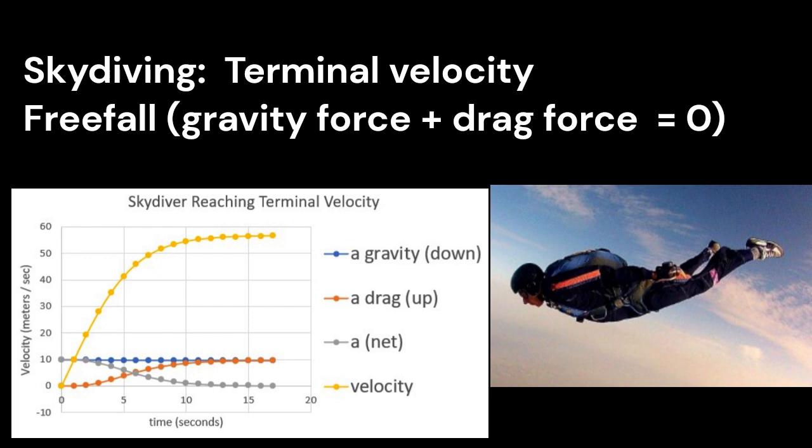So the velocity, as you see in the graph, the yellow line starts out steadily increasing. But as the velocity gets higher, the drag force starts to become larger, and eventually the drag force equals the gravitational force, and at that point, the speed levels off. You stop falling faster and faster and just keep falling at the same speed. It's called terminal velocity.